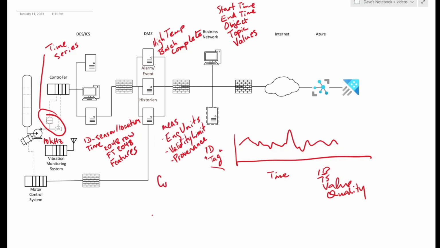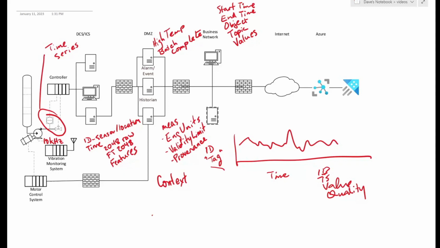And finally, there's something called context. And the issue with context is this: if we look at this vibration monitoring system, it is configured to understand that these two vibration sensors are 90 degrees apart on a particular bearing, that it will probably be configured to know that these two bearings are on the same pump.